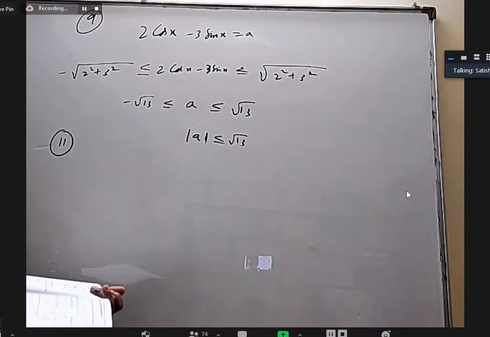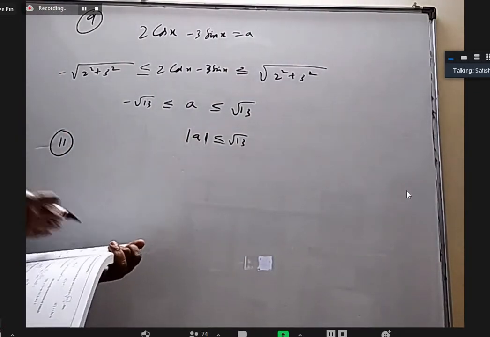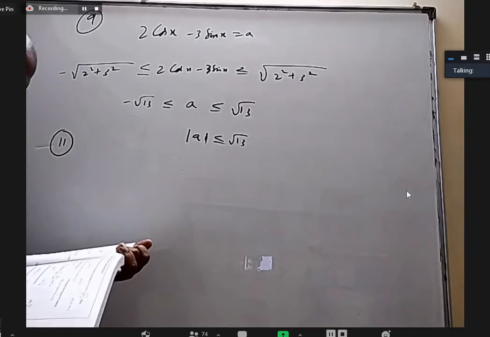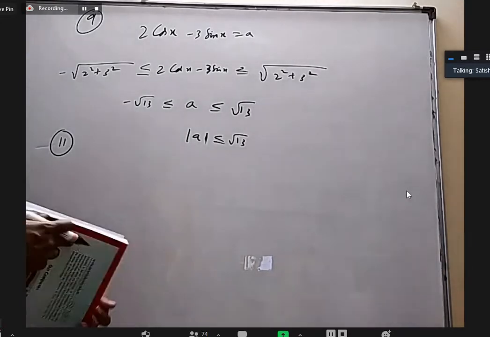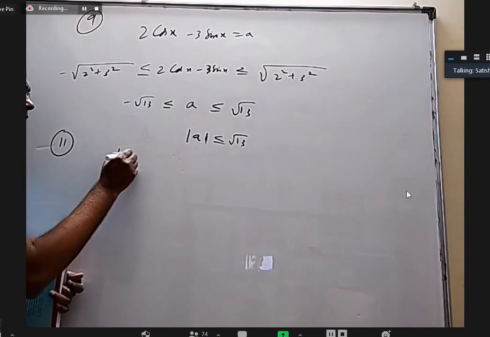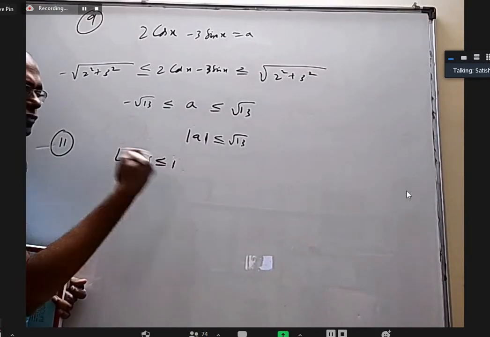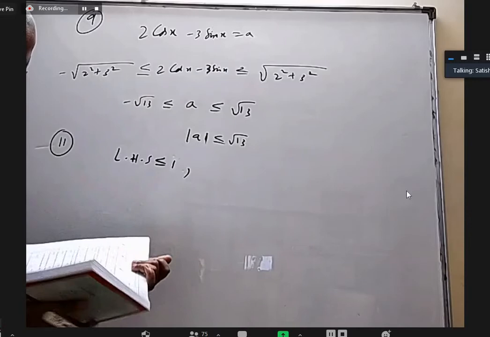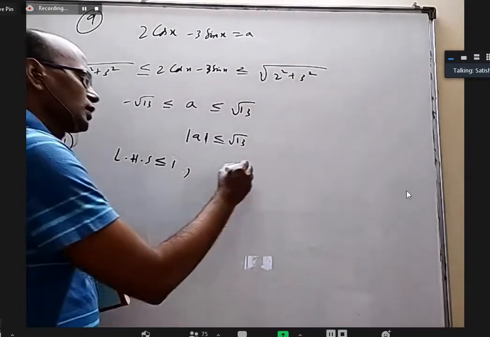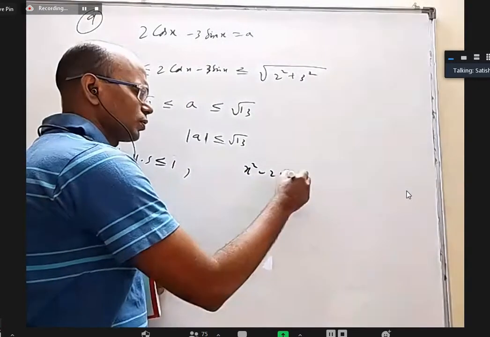Okay, 11. Apparently randomly, I gave this example on the third day. I did not realize, I just randomly tried to make up something. That LHS is less than or equal to 1. Sine of something is always less than or equal to 1. And RHS is greater than or equal to 1. How is that? x square minus 2 root 3 x plus 4.